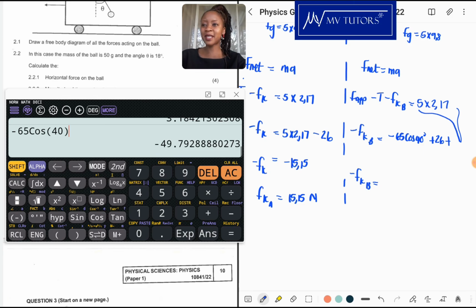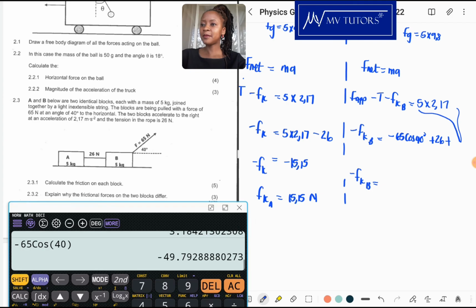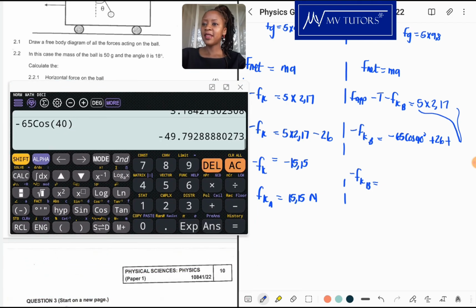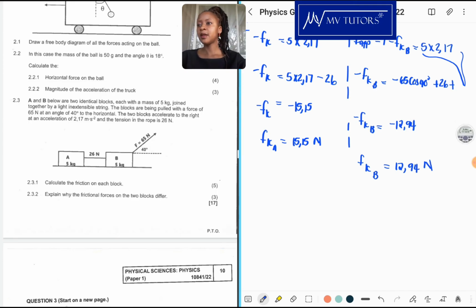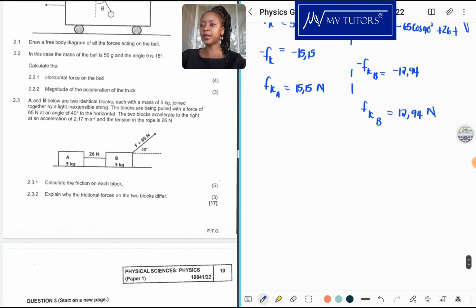So negative 65 times cos 40, and then plus 26, that's the tension force, and then plus 5 times 2.17, so I get negative 12.94. And so the kinetic friction for block B is going to be 12.94 Newton. So we are done with question 2.3.1.